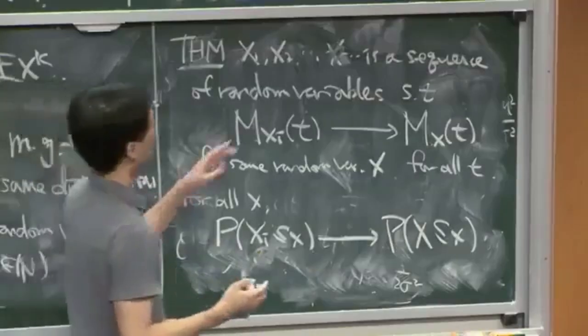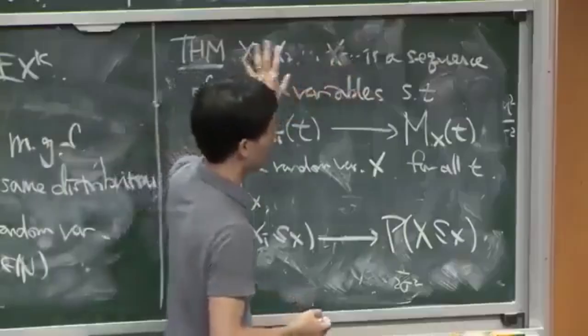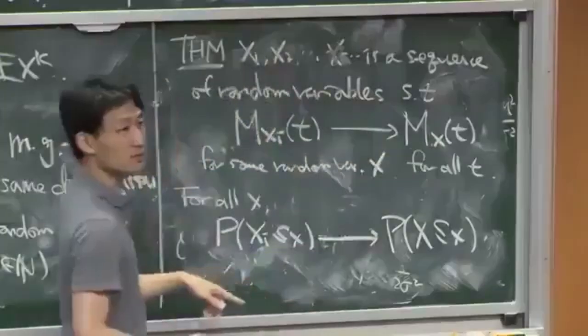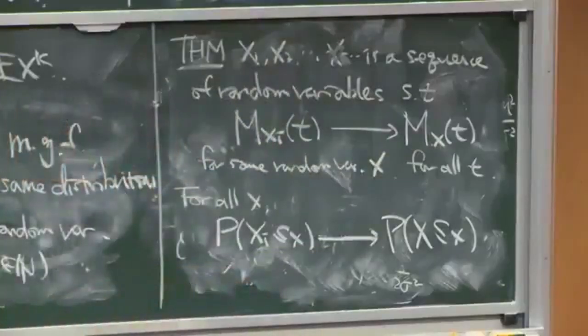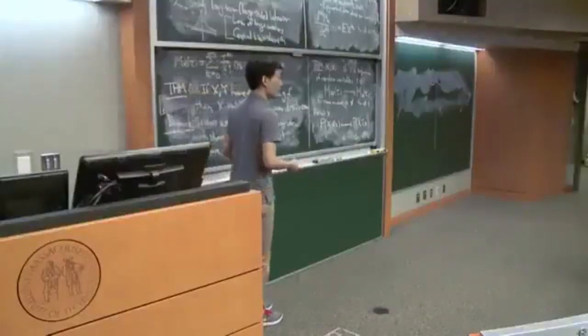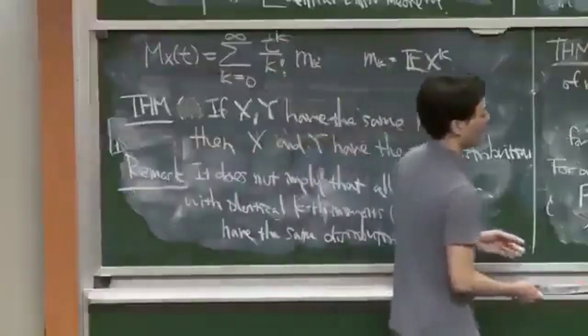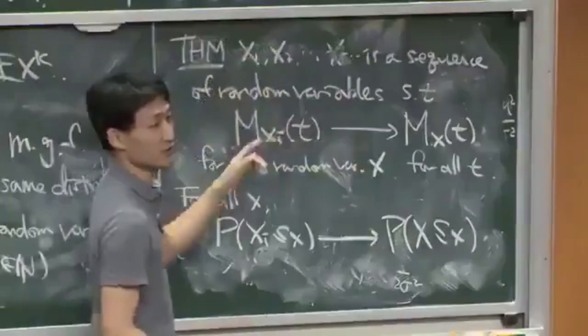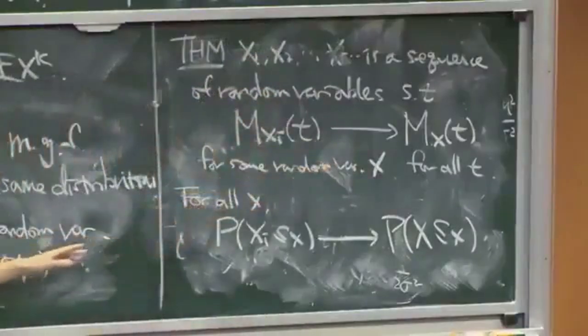You can just think of it as these random variables converge to that random variable. If you take some graduate probability course, you'll see that there are several possible ways to define convergence, but that's just some technicality. And the spirit here is just really that a sequence converges if its moment generating function converges.